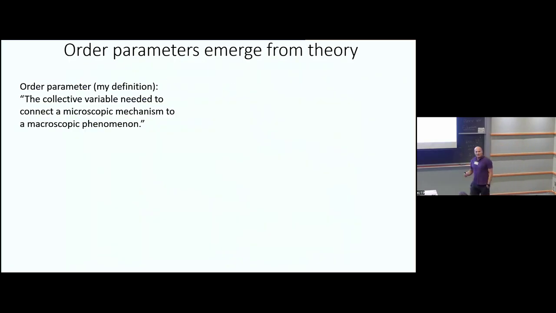Well, in these systems, they identified order parameters. And what do I mean by that? In my usage of the term, an order parameter is that collective variable that you need in order to connect some microscopic mechanism to a macroscopic phenomenology, whatever collective variable that you might need.